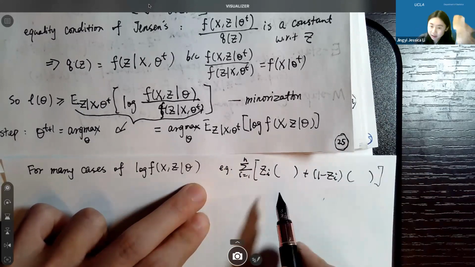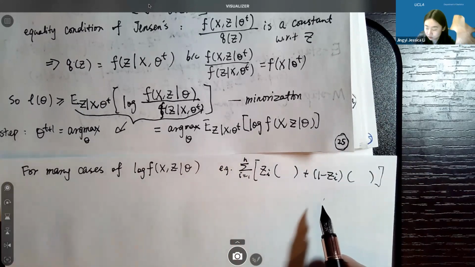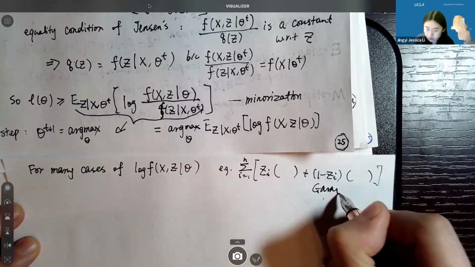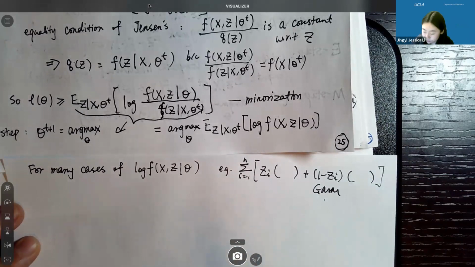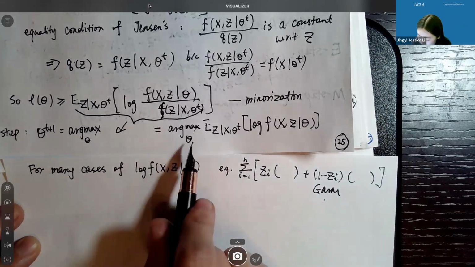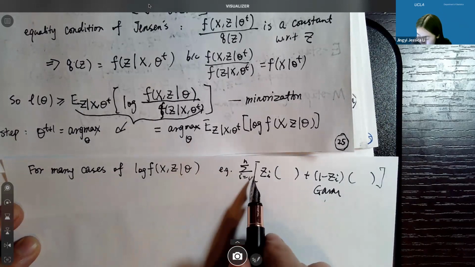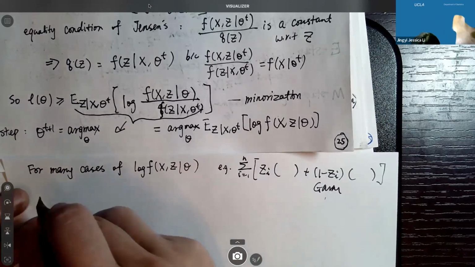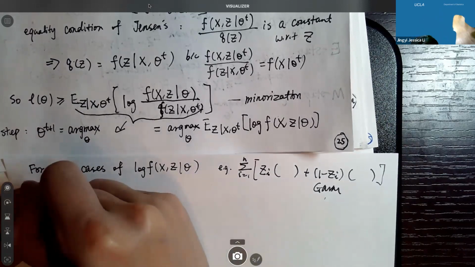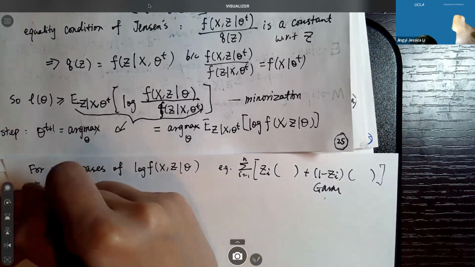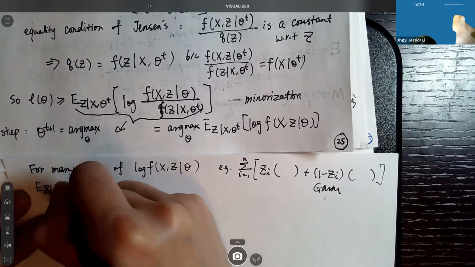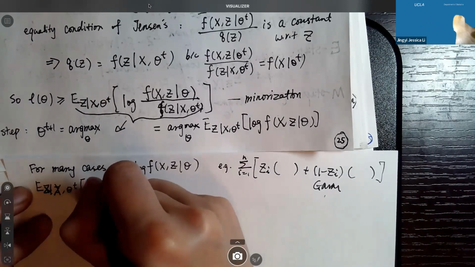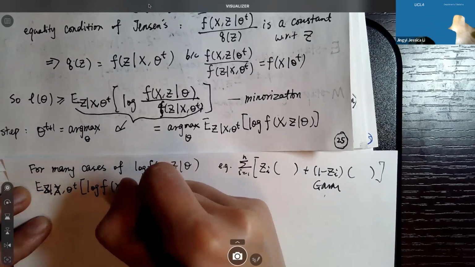So this is the log complete likelihood form for our Gaussian mixture model. So for cases like this, if you move the expectation inside the summation, you can just put expectation around each zi. So therefore, you can simplify this conditional expectation of the log complete likelihood.